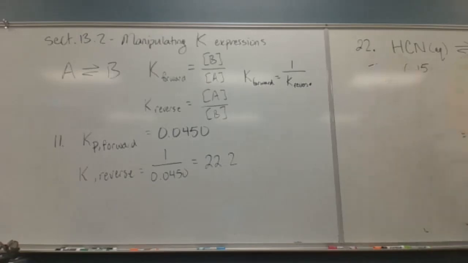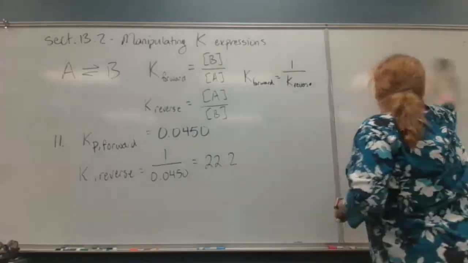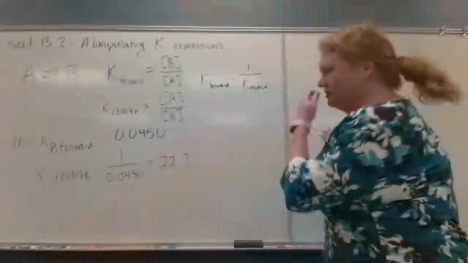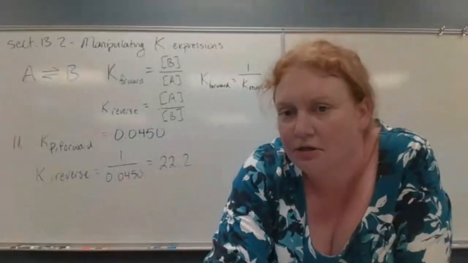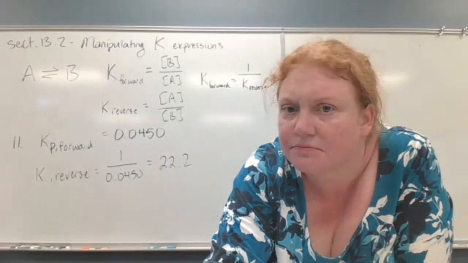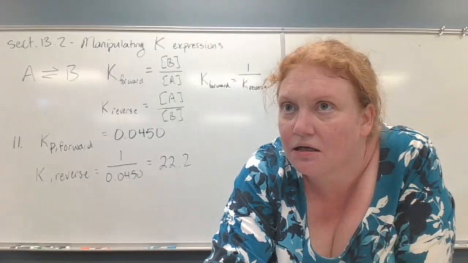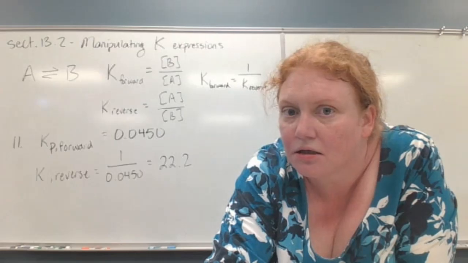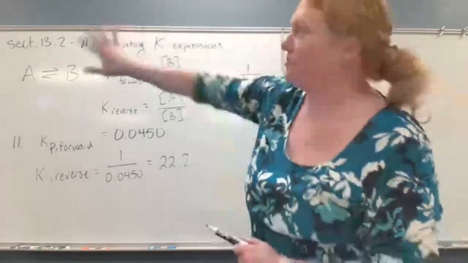The other thing you can do is you can always multiply coefficients by a number, divide coefficients by a number, right? But this time, when you do those changes, here's how K gets affected. Okay, so here's the basic rule.